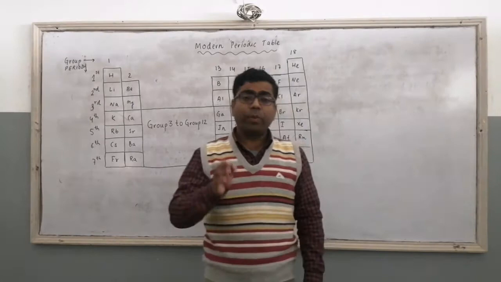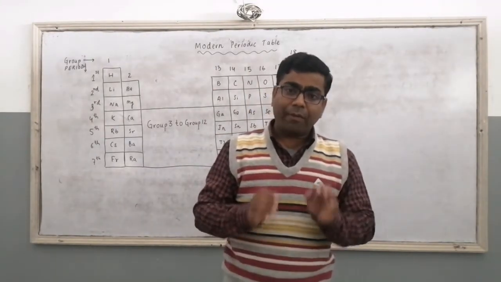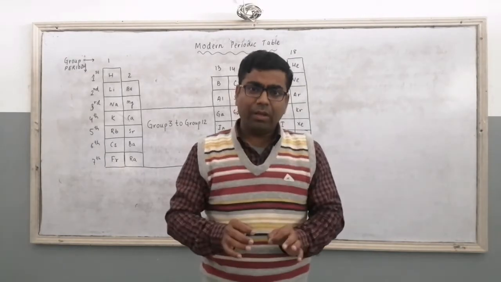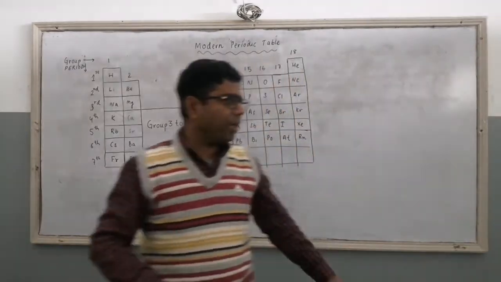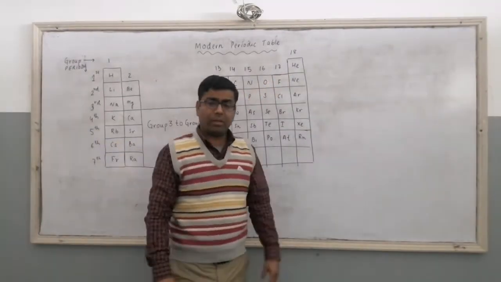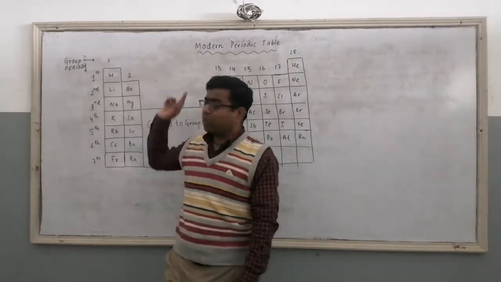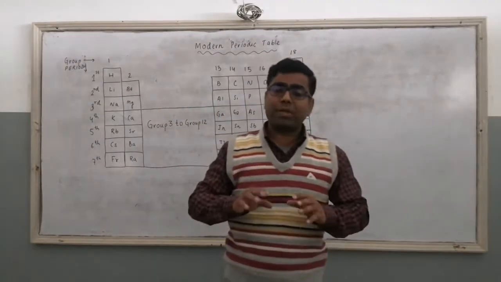Any element which belongs to the first period will have the first energy level as the valence shell, or the outermost shell. So hydrogen and helium both belong to the first period. The valence shell, or outermost shell, will be 1.